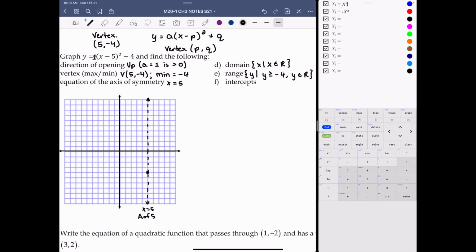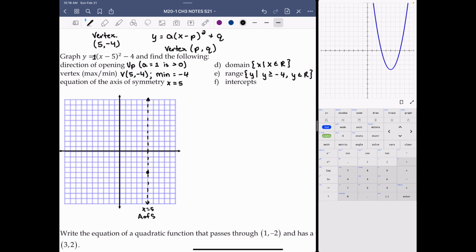Go to y equals, clear what we had, go back up to y1, enter bracket x minus 5, close bracket, squared, and then minus 4. Graph that, and here's what we get.